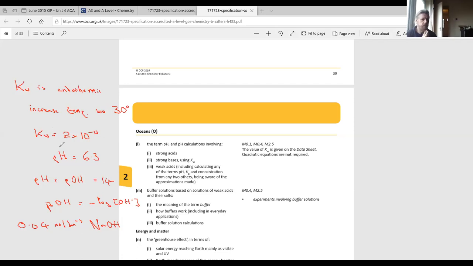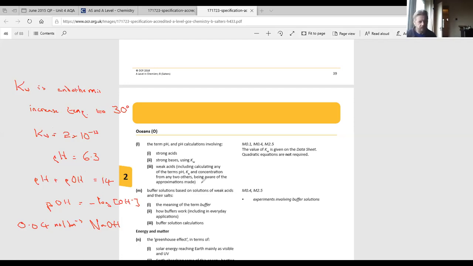So at a different temperature, you'd have to do it differently. This only works at room temperature, really. So just keep that in mind. They could give you a different Kw, then you'd have to put whatever the power is there. But you can use that one. Right, so that's all of that lot.